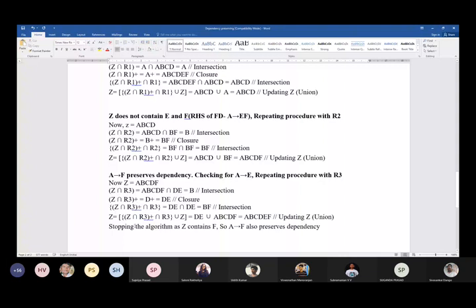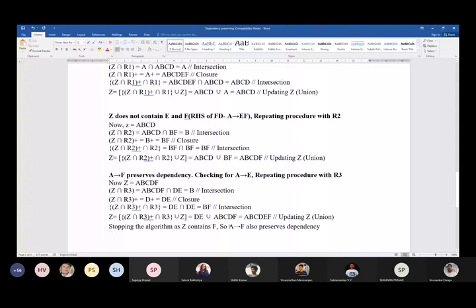You get A, B, C, D, E, F, so that you will be able to prove that A determines E is also present in that fragmented relation, and we say that the dependency is preserved in the decomposition, right?